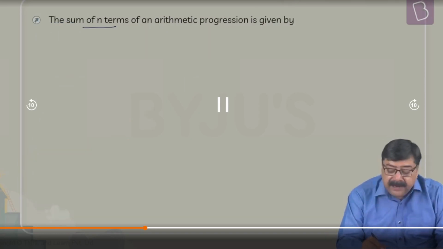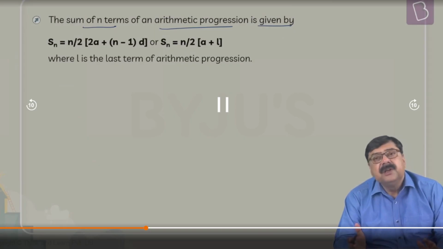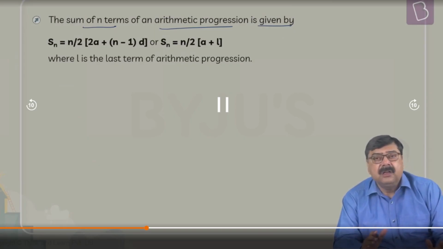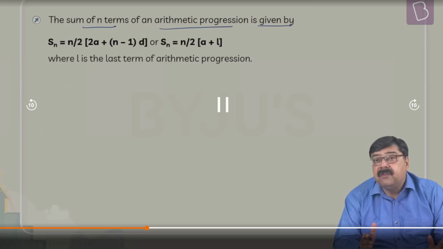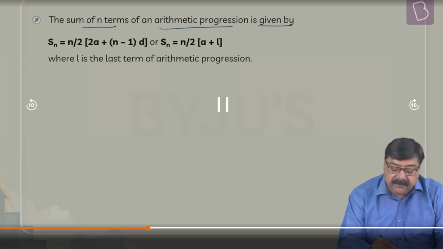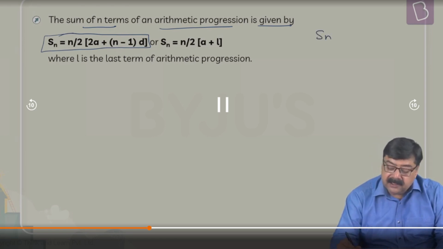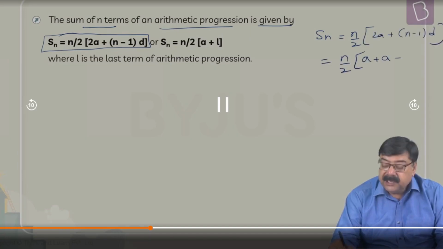Now the sum of n terms of an arithmetic progression. Sometimes questions are asked on finding out the sum of the terms for a given arithmetic progression. So there we have a formula, that is Sn equals n by 2, into 2a plus n minus 1 d. Now when we write this as n by 2, 2a plus n minus 1 d, we shall separate the two a's here and rewrite this.